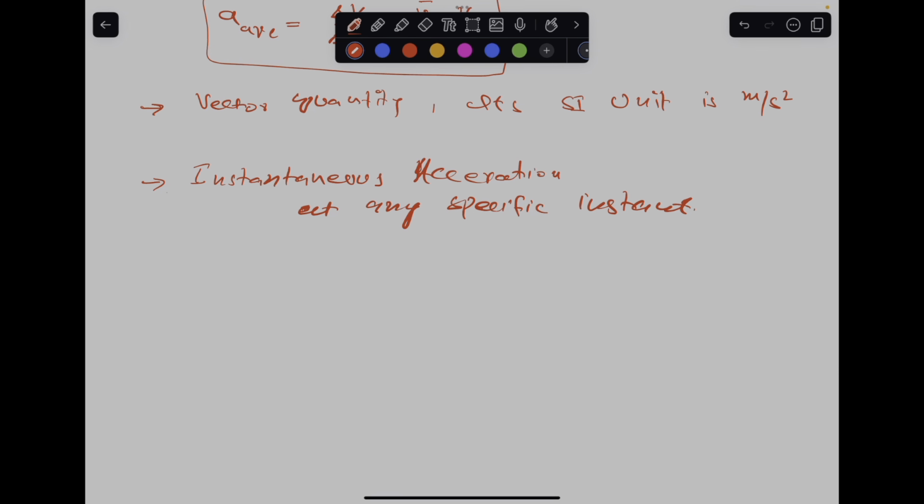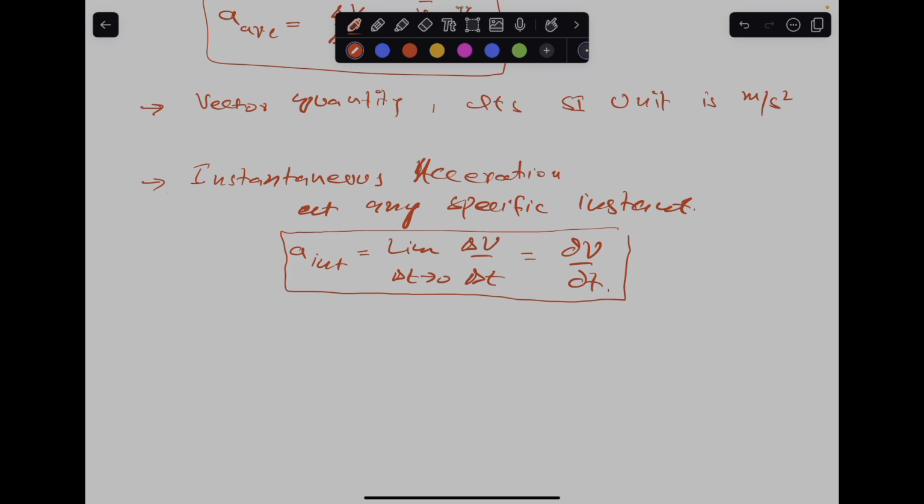So a instantaneous is defined as the limit as delta t tends to 0 of del v over del t, which is nothing but dv by dt. This is your instantaneous acceleration at every moment in time.